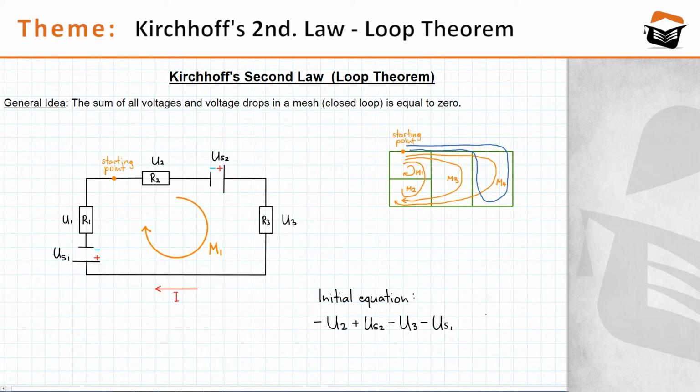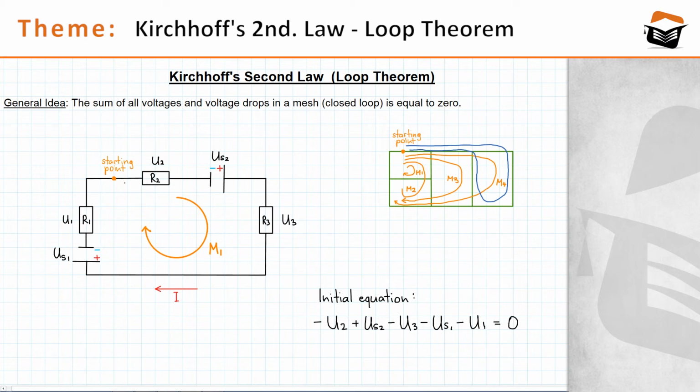And at last, I have this resistor on my path before reaching back the starting point. So this resistor has a voltage drop, and that voltage drop can be expressed as minus U1. Now, that whole thing must be equal to 0 because we are ending up at the same point where we started.